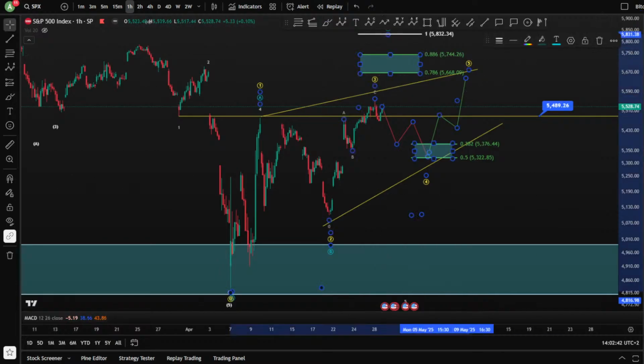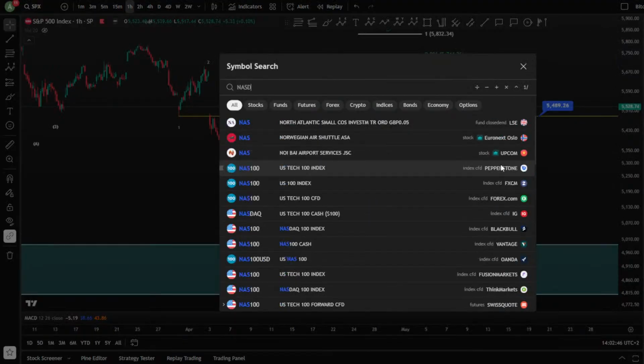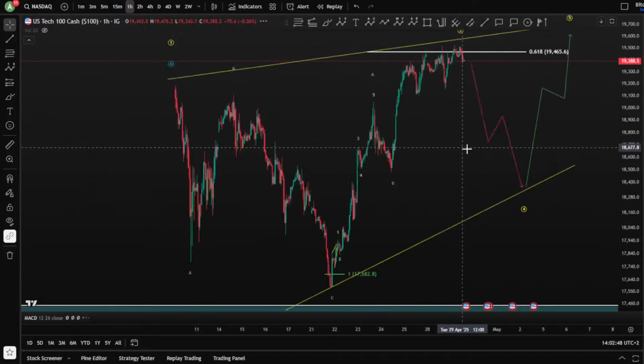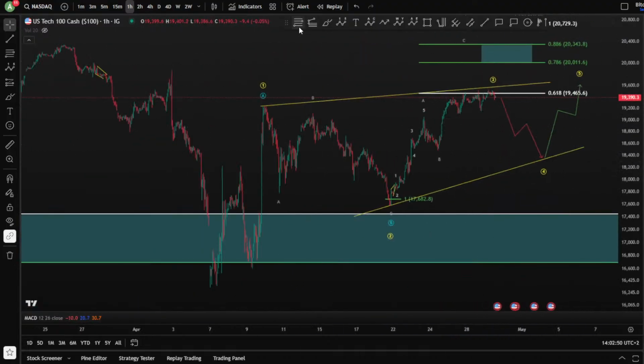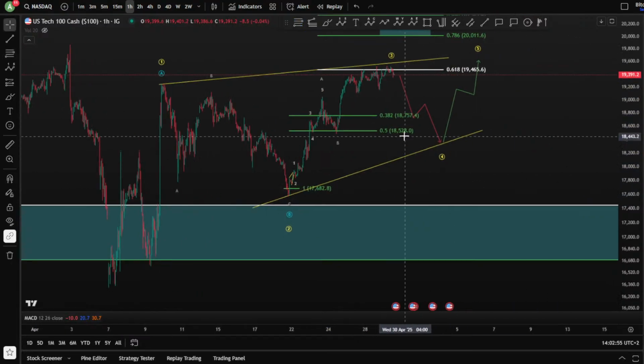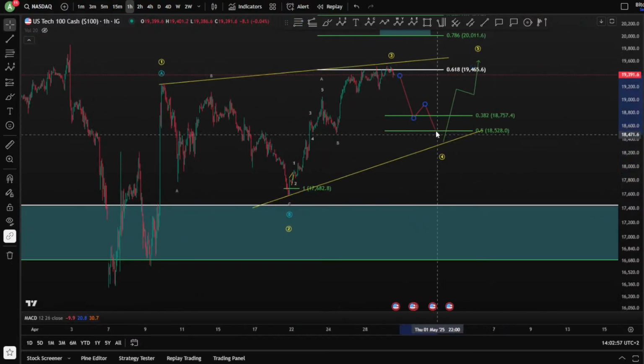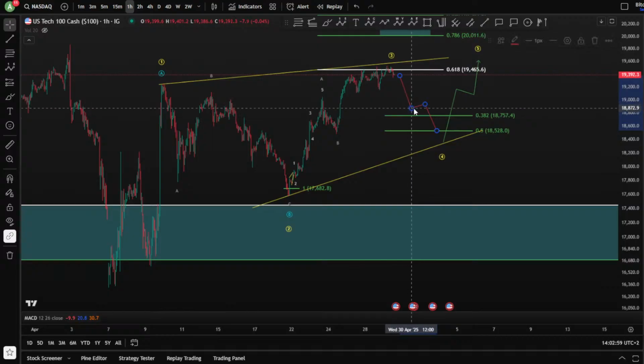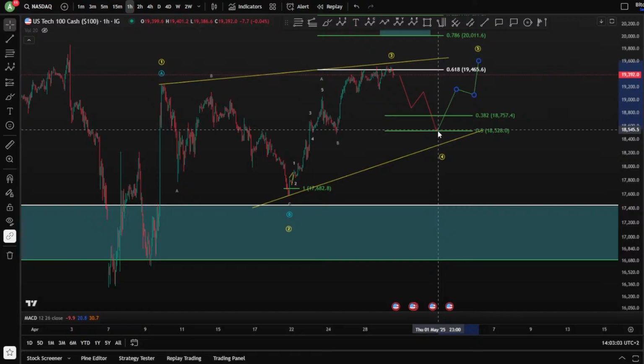Okay. Let's see the Nasdaq. Thank you for reminding me, Shreyas. Thank you, man. Nasdaq, back to Nasdaq. So the targets for a wave 4, in case we are moving for a wave 4 here, those are the perfect fib levels for a wave 4. Here we go. And here it gives us a little more clue how intense it can be.